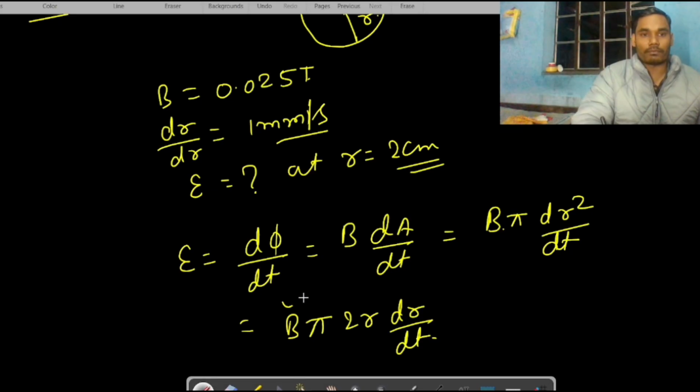From here we know the magnetic field, we know the value of pi and 2, and we know dr upon dt. So we will put in all this data, and at this r we will use this value. Then we will get the EMF when the radius is 2 centimeter.